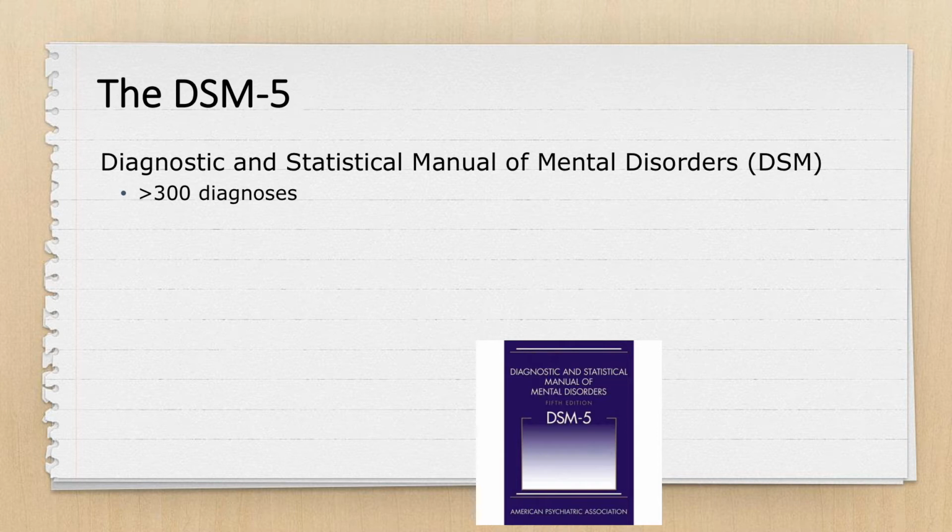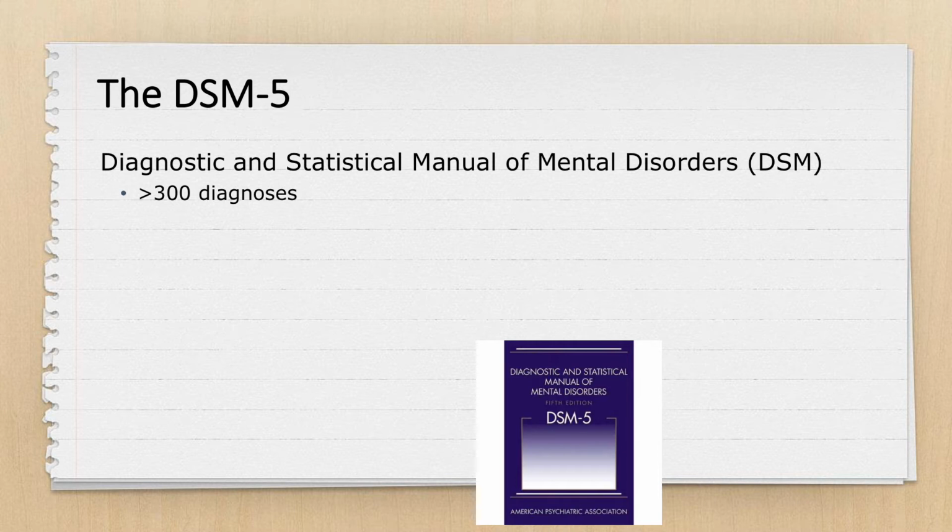It provides official criteria, prevalence rates, and diagnostic rules for mental disorders. The DSM-5 consists of over 300 distinct diagnoses. Of course, we cannot cover all of them in our class, but we will hit a few highlights.